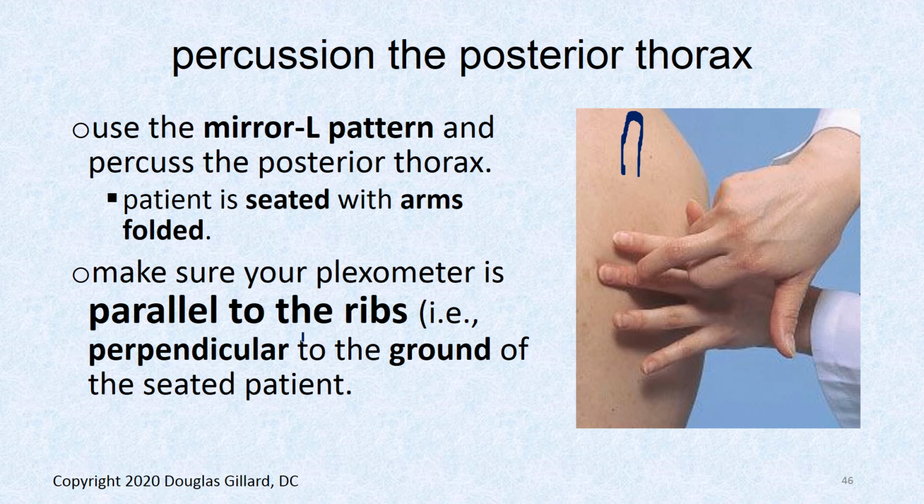Is that right? They should be, yeah, sorry, I said that wrong. They should be parallel to the ribs, perpendicular. No, they should be parallel to the ground as well. Right? It shouldn't be perpendicular because there's the ground, so you're parallel to that. So I need to fix slide 46. Because the ribs basically are parallel to the ground anyway, as are your fingers. So let me actually write that one down.